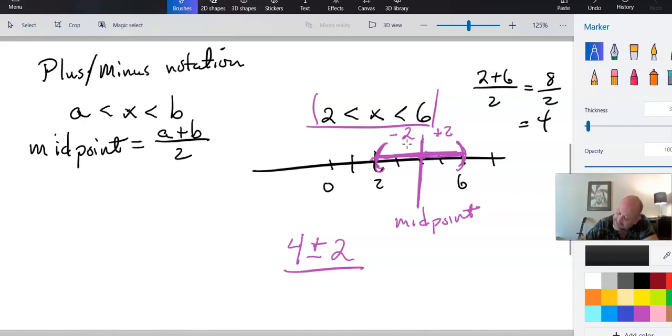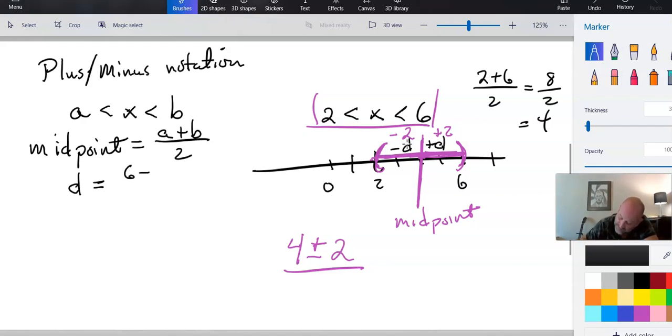Now, and then there's this matter of this distance here. Now, your book calls this distance D. So that's plus D, and that's minus D. D is the difference between the endpoints, because if I take 6 and I subtract 2, right, that gives me 4, and that tells me how long my interval is. So if you want to know how long something is, you subtract the two endpoints.